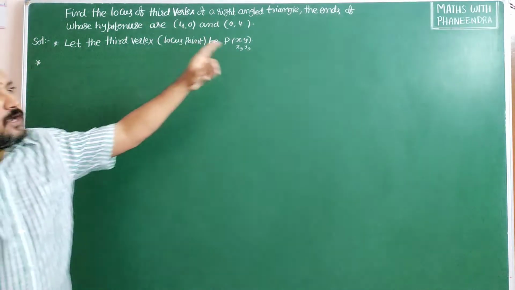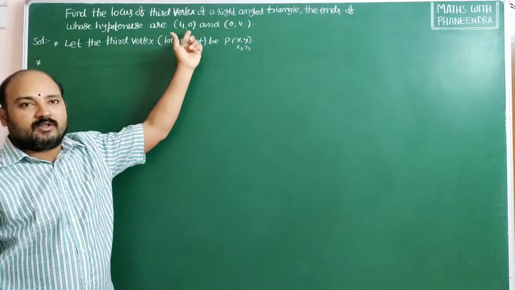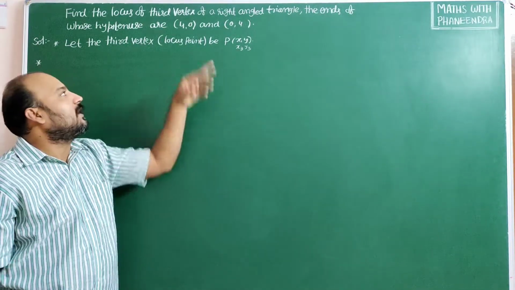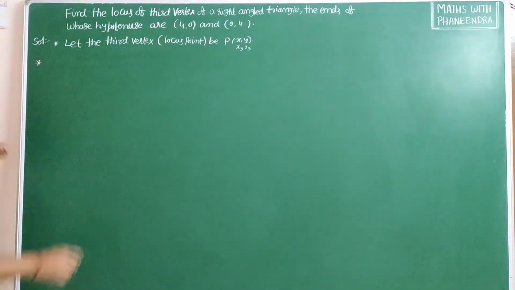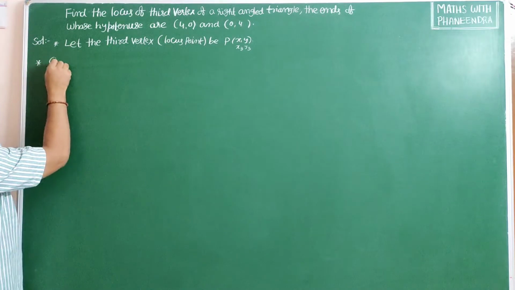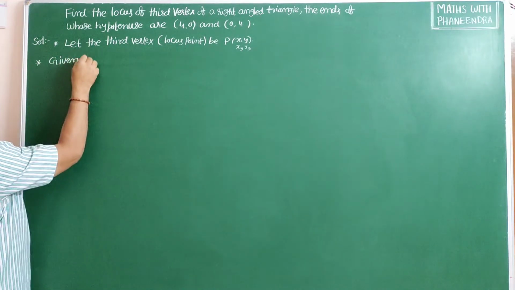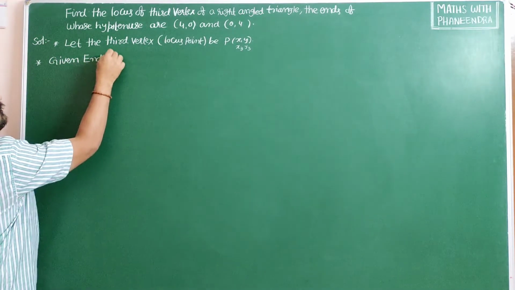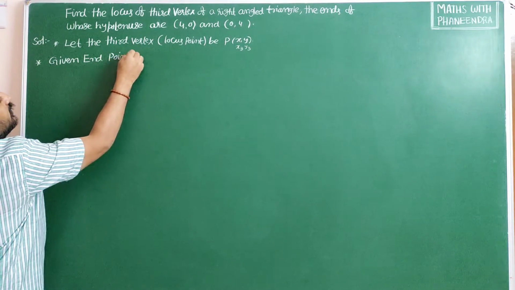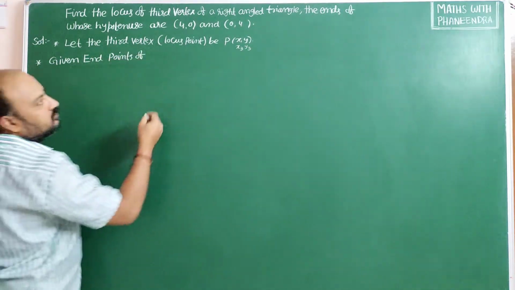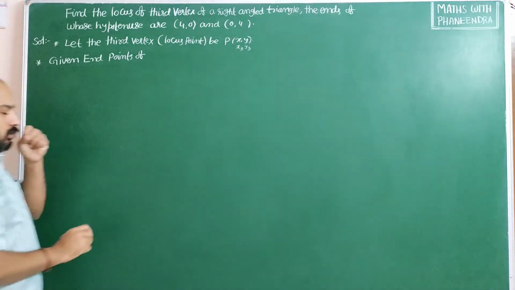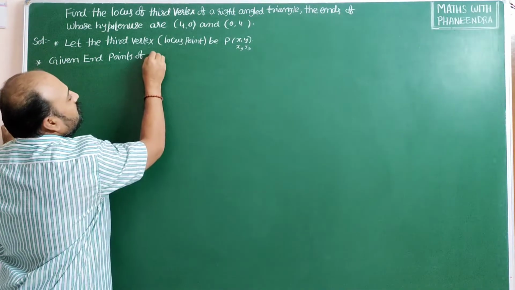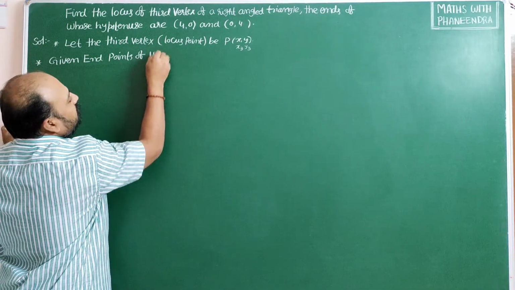Given the endpoints of the hypotenuse of the right angled triangle, I am taking them as A and B. I am giving the names.